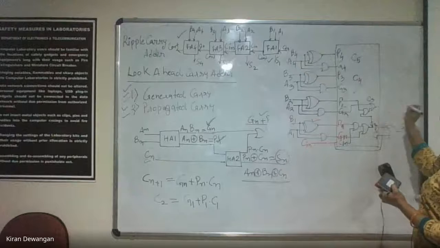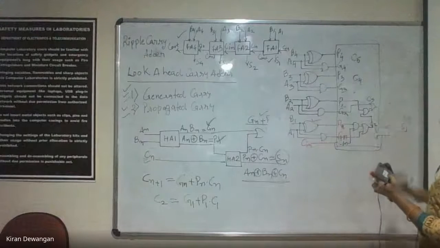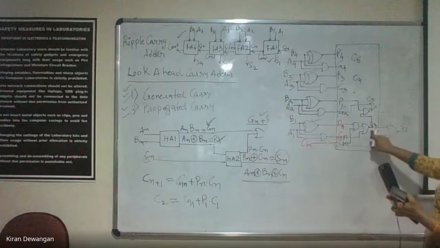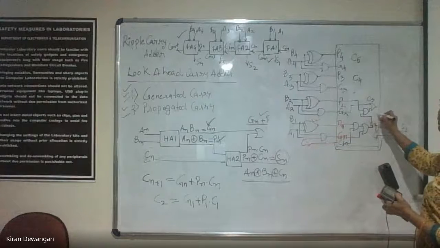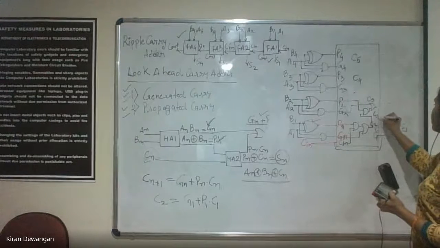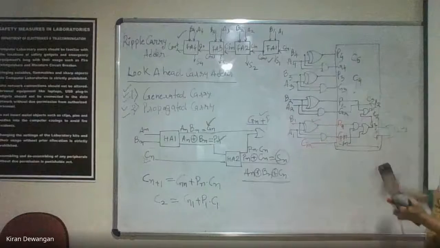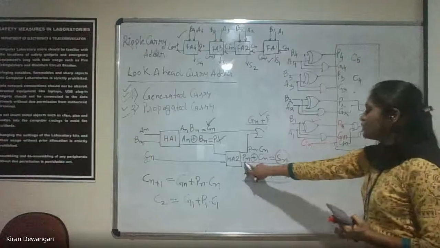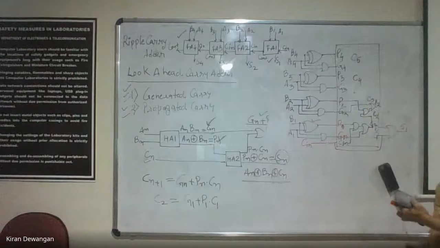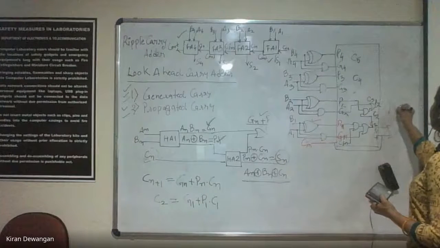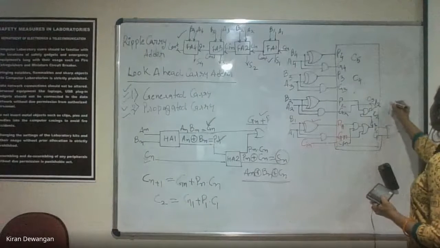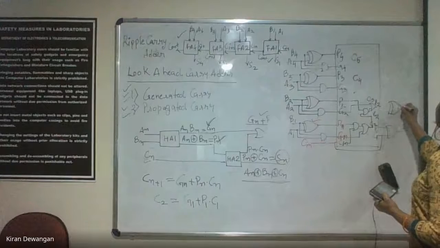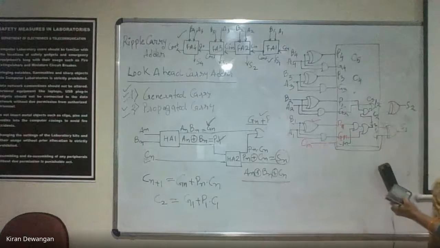So here, since we are producing C2, C2 जो produce हुआ था, C2 along with P2. This was C2 XOR P2. So it will get XORed and it is producing S2.